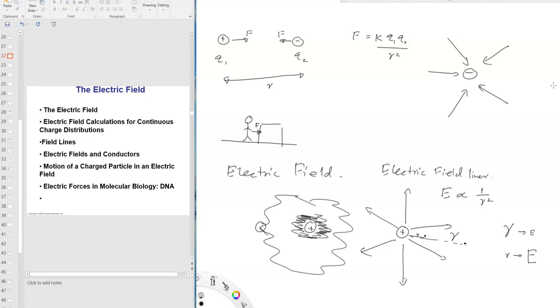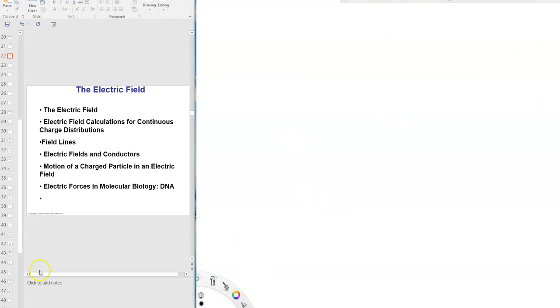Further away from the charge, it gets weaker. This is a simple case. It's a spherical charge, so the electric field around it is also symmetric, like a sphere extending outwards, represented by the field lines, and this is how they behave. Alright, so let's open a new page and talk a little bit more about this.